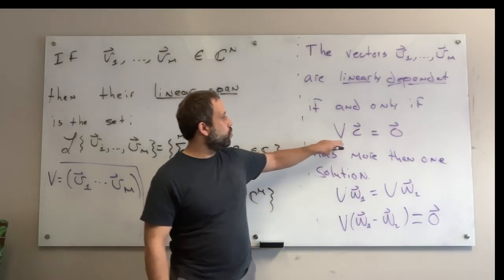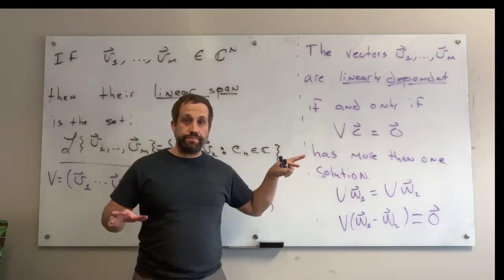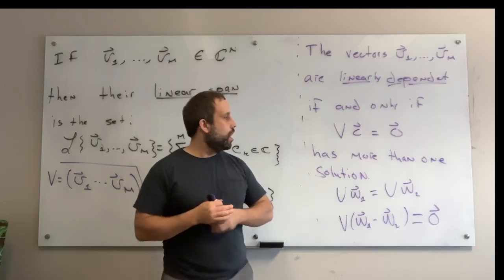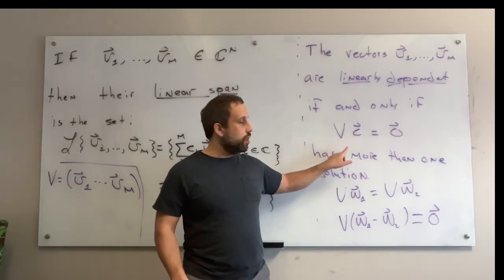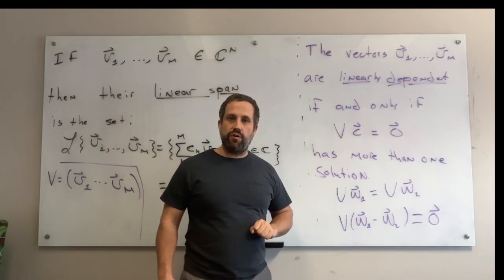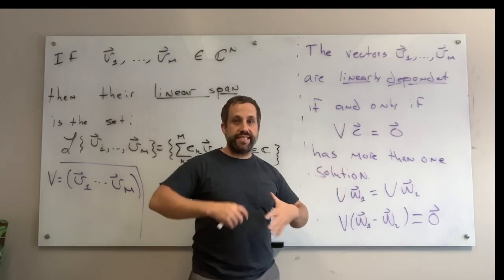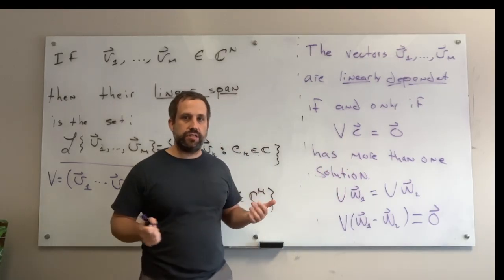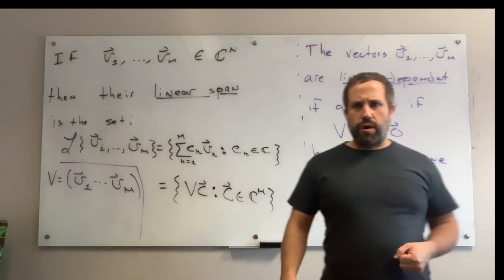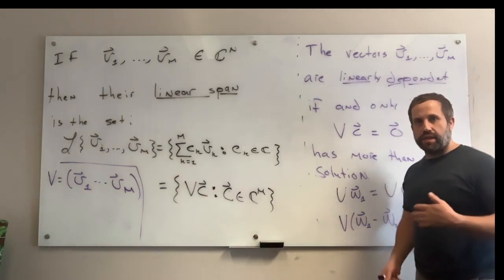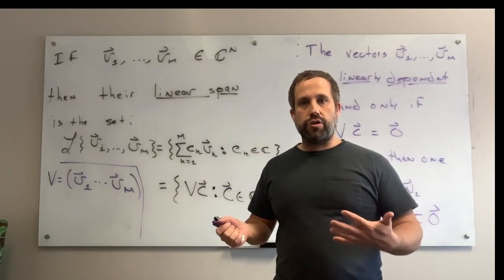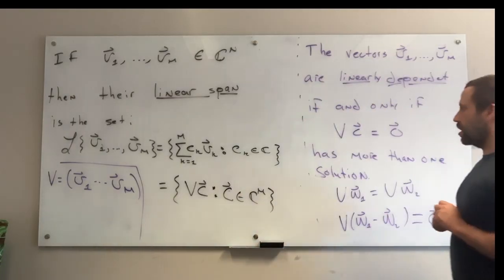Whenever we have more than one vector that satisfies this equation, the matrix can't be invertible, because there are two vectors that get mapped to 0. So the inverse of 0 is not defined as one vector. It's a set of vectors. And so the matrix is not invertible. And that sort of thing, invertibility of matrices and so on, we're going to talk more about as the semester goes on.